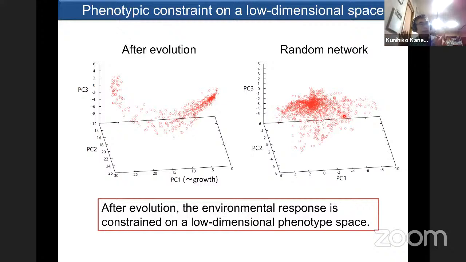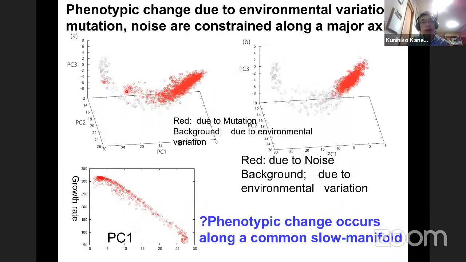So that means a low-dimensional constraint on this change occurs after evolution. And we also find that if we put some mutation into this original state, that change also follows the same curve.